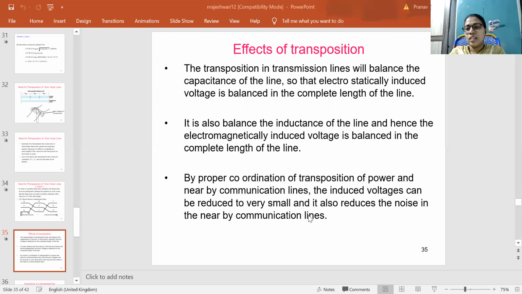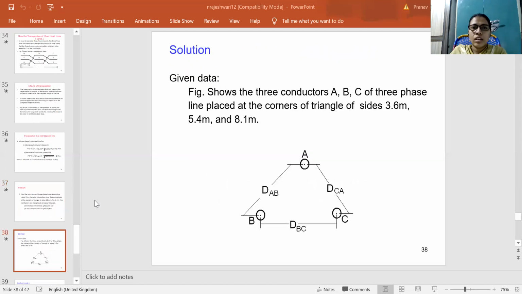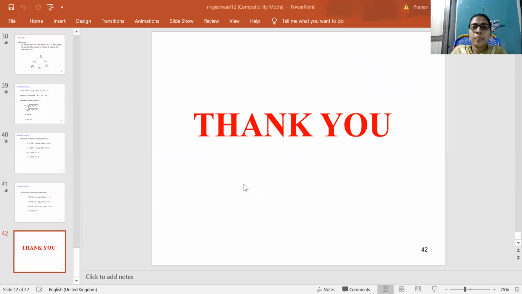We'll see in the next class the inductance in transposed conductors. For transposition of lines, what is the inductance? What are the formulas for the inductance of transposed lines? We will see in the next classes. So this is about today's class.